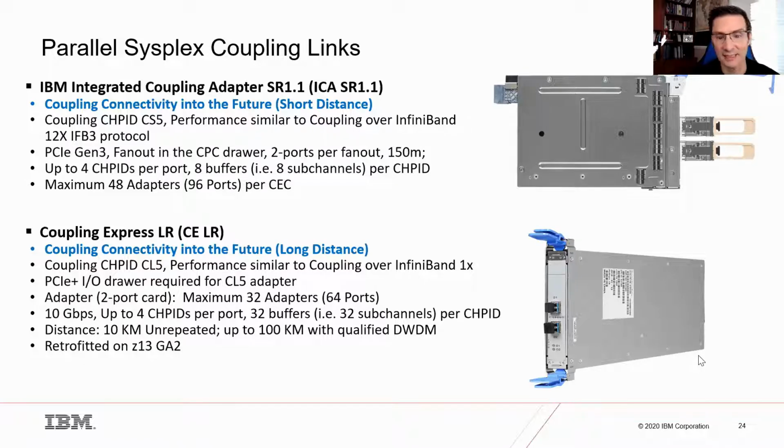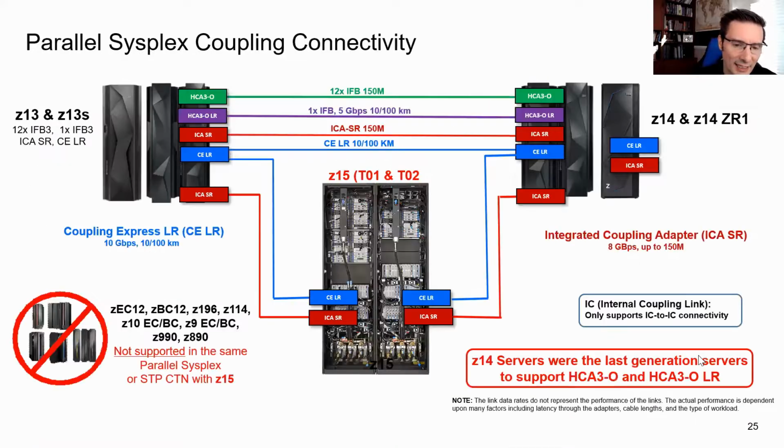Even the z14 ZR1 only supported the two devices listed here, which are the ICA SR device for short range and the Coupling Express long range device. So there's no surprise that with the z15, just like the z14 ZR1, these are the only coupling devices that are supported. So how do I configure that in my Sysplex?